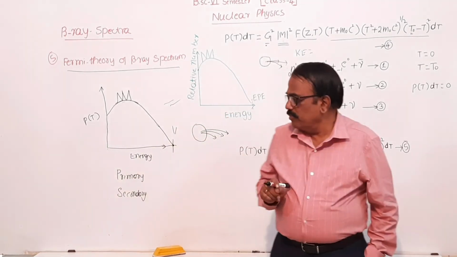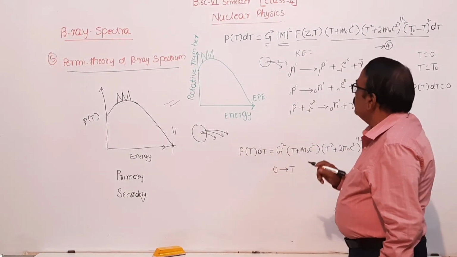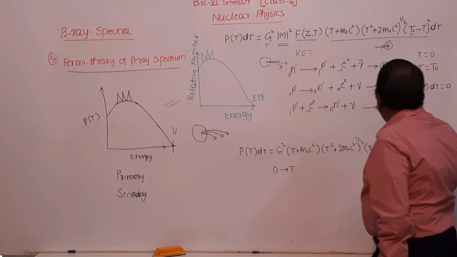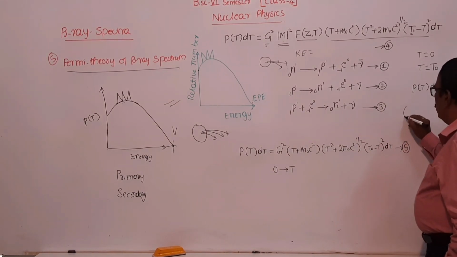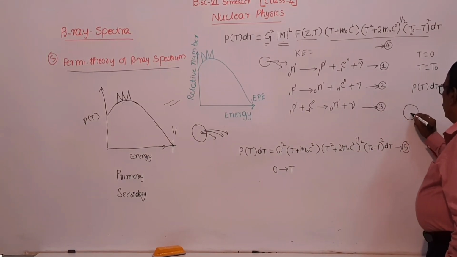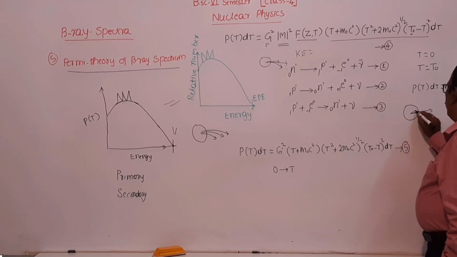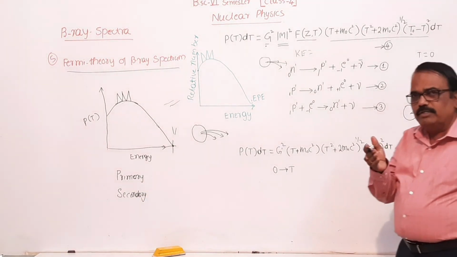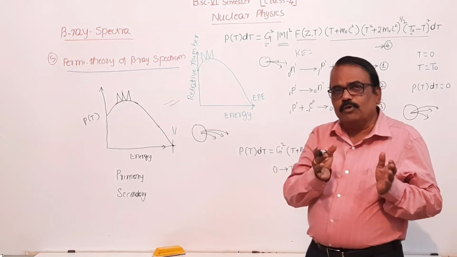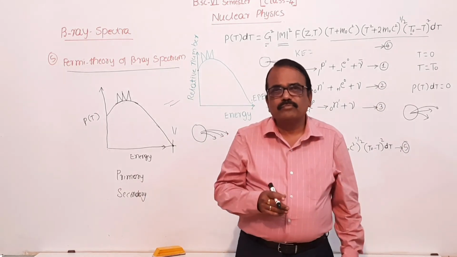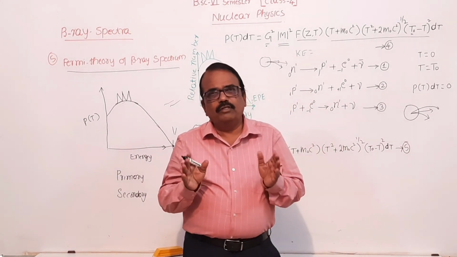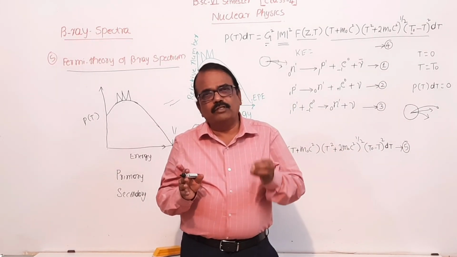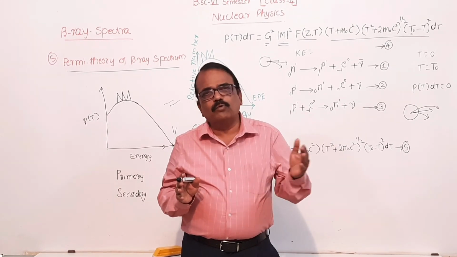What is this primary electron? Some nuclei of the radioactive element emit beta particles of variable velocities. So the velocities of the beta particles go on changing, and as the velocity changes, their energy also changes.